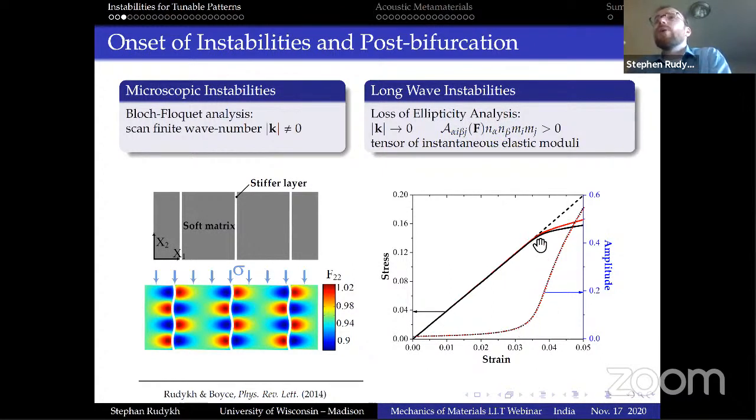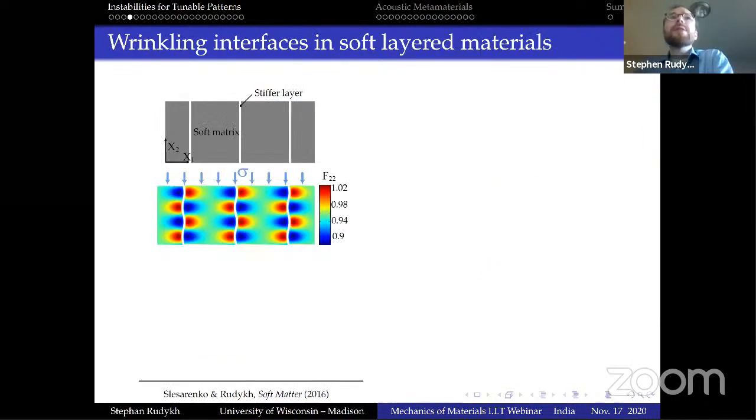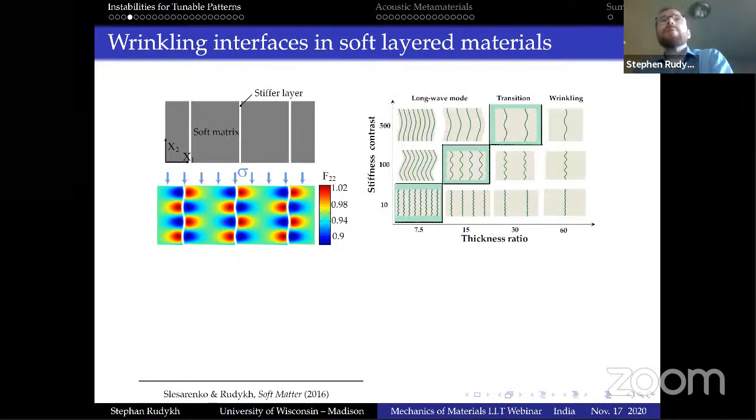And so that's the point where these imperfections start to grow very fast and manifest the instability here. Now, for a simple system, and I already mentioned some inelastic behavior, but if we assume that this material is purely elastic, then we have only two parameters: basically the geometry, let's say thickness ratio, volume fraction, how much of stiff or soft material we used in our system here, and the contrast in the initial stiffness of these materials.